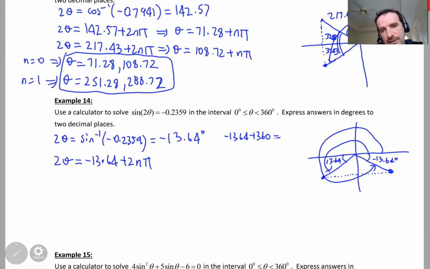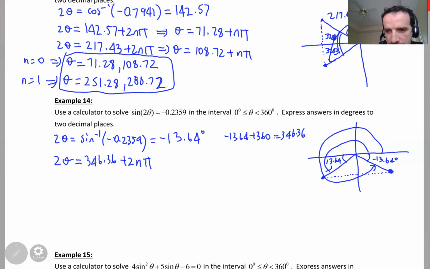So if it is negative, it should be 346.36. Let me double check by summing them up. Yes. So instead of this negative, I can use this value here, 346.36. Okay, this is for this part.